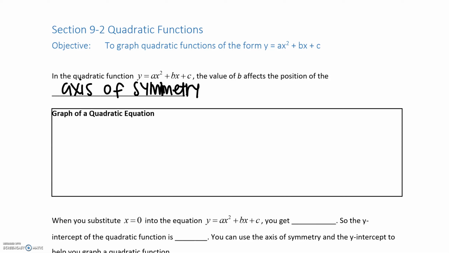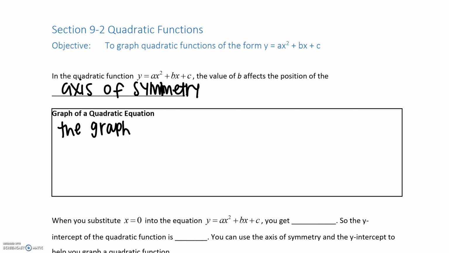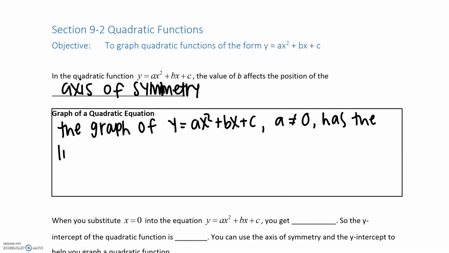Okay, so the graph of y equals ax squared plus bx plus c, where a doesn't equal 0, has the line x equals negative b over 2a as its axis of symmetry.